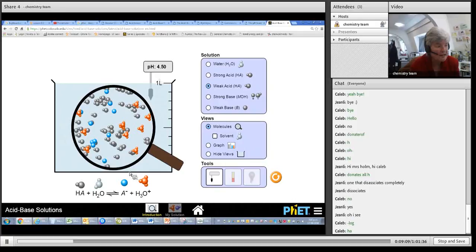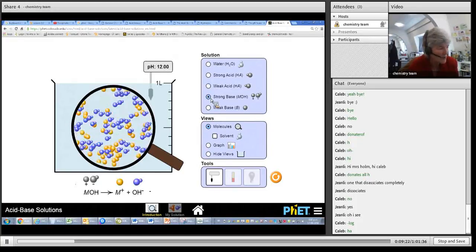If I now do the strong base, what we've done is the metal, which is grey, and then OH, which is grey. I think they could have made those different colors, but anyway, they made one plus and one minus. So this would be like calcium hydroxide or sodium hydroxide or potassium hydroxide. When it is put into water, what dissolves will break up completely.